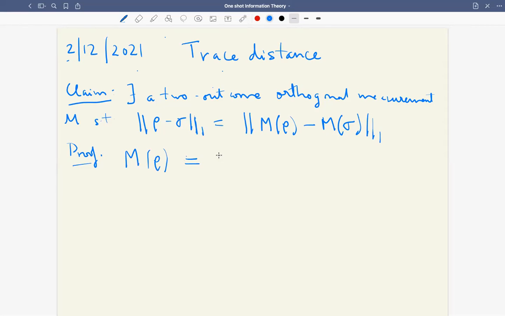Let me write down what it will be. So this will be trace of M plus rho, and the other is 1 minus this, which is also trace of M minus rho.